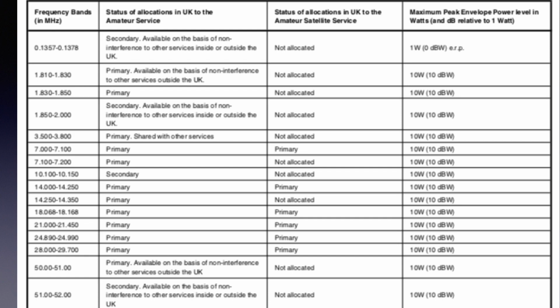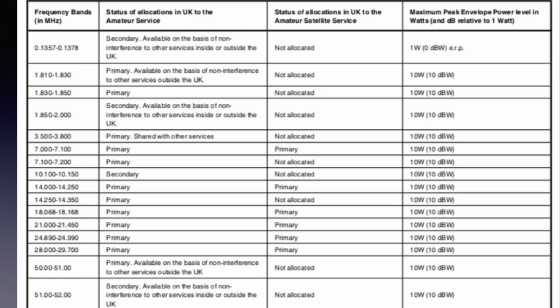Now for the foundation exam you do not need any understanding particularly of dBs, but you do need to be able to repeat this parrot fashion in a multi-choice, in other words be able to look it up.